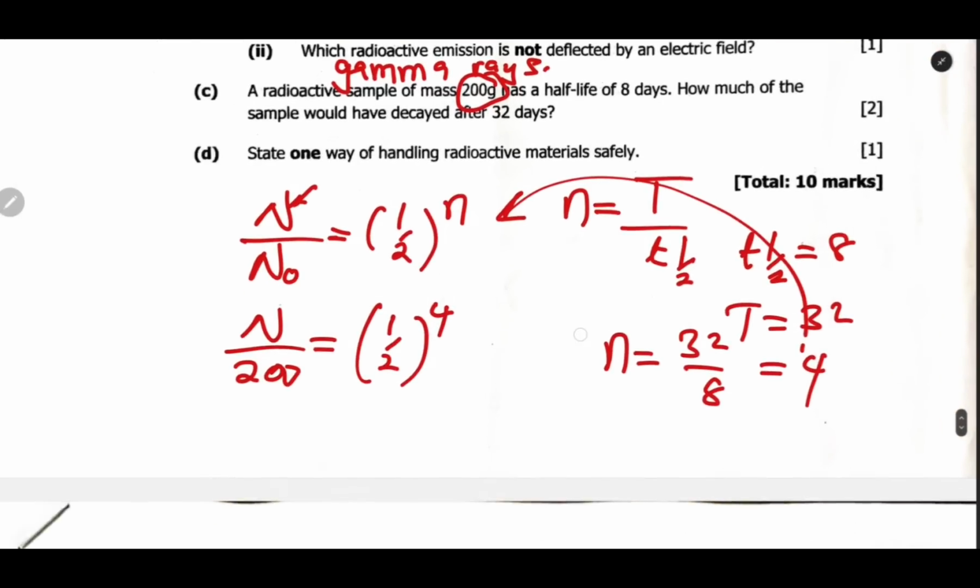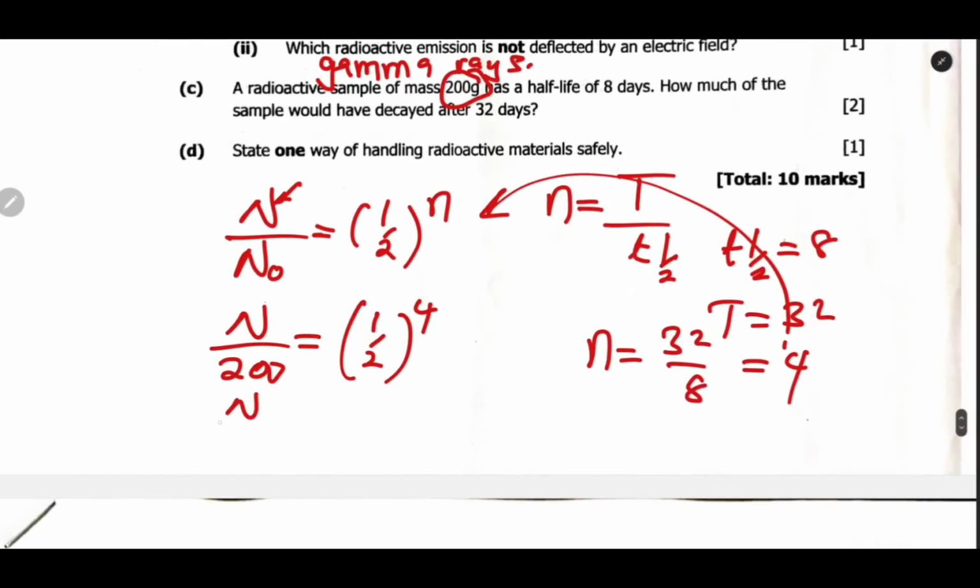Now half to the power 4 is just the same as 1 to the power 4, which is 1, over 2 to the power 4. What is 2 to the power 4? 2 multiplied by 2 multiplied by 2 multiplied by 2. This is 4, 8, 16.